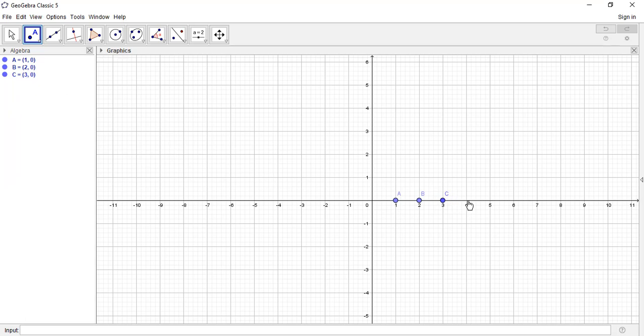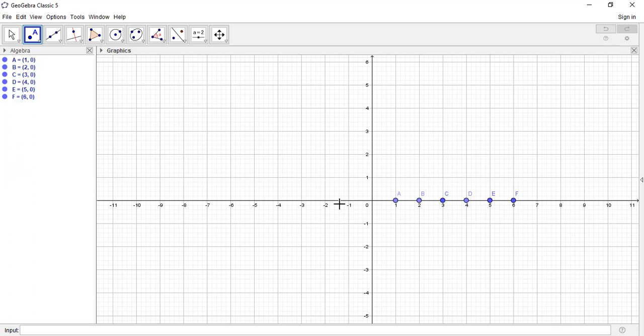And if you plot here another point G, x coordinate is 4 and y coordinate is 0. And if you plot here another point E, then x coordinate is 5 and y coordinate is 0. And if you plot this point F, its coordinate is 6 comma 0.